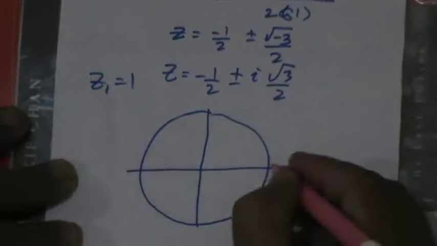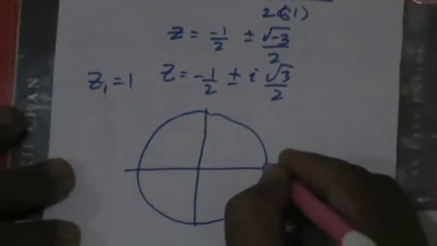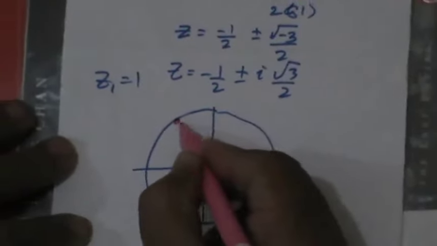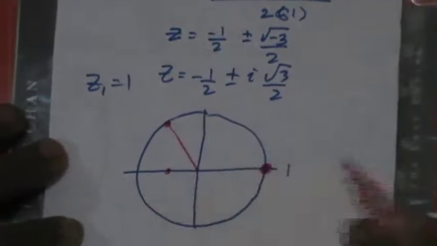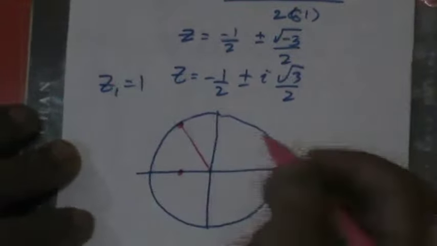Let me draw that one. z is equal to 1 here. The other one is negative 1/2, that may be somewhere there, and square root of 3 over 2, maybe there. So this is your z2.